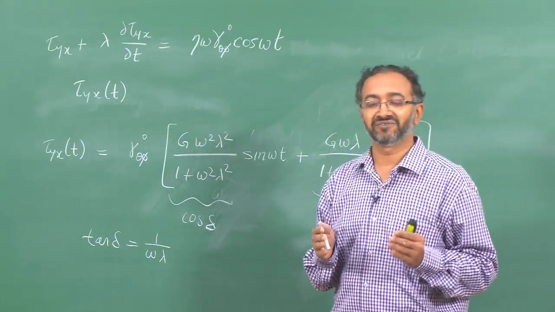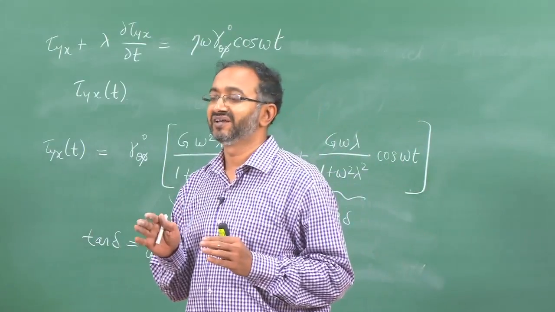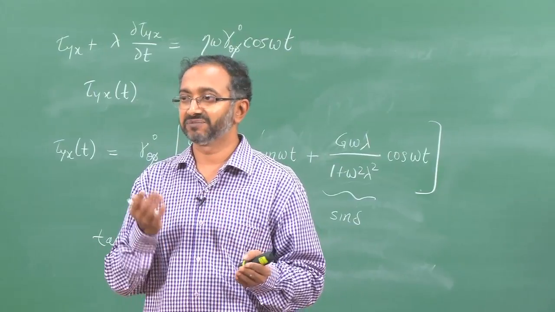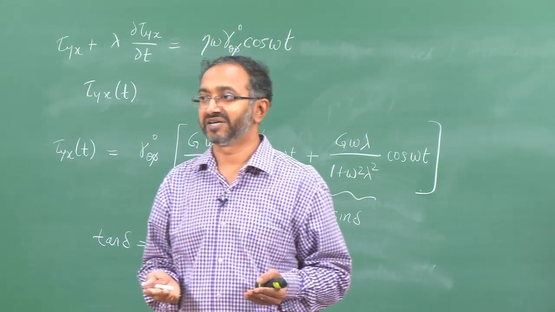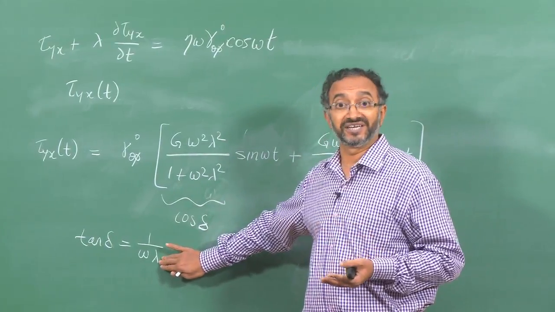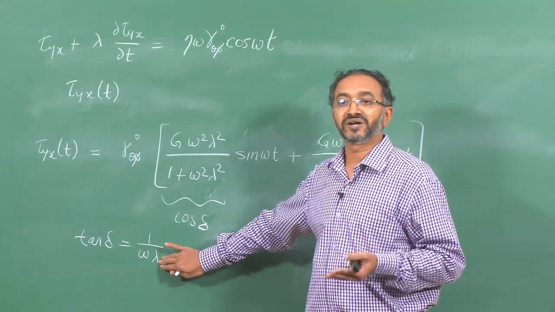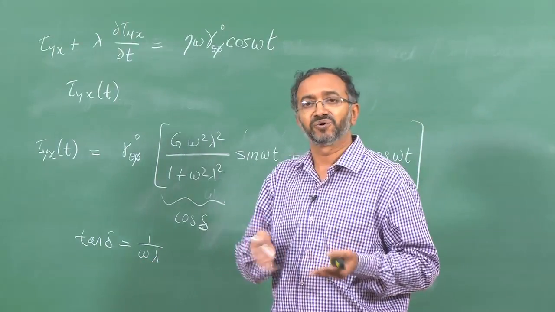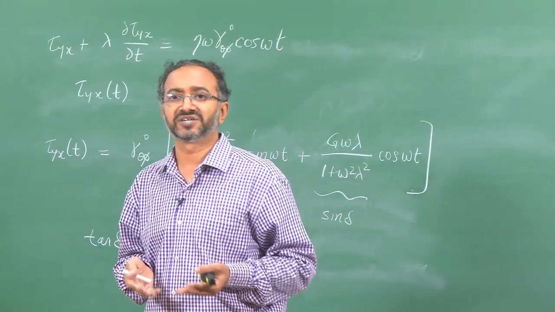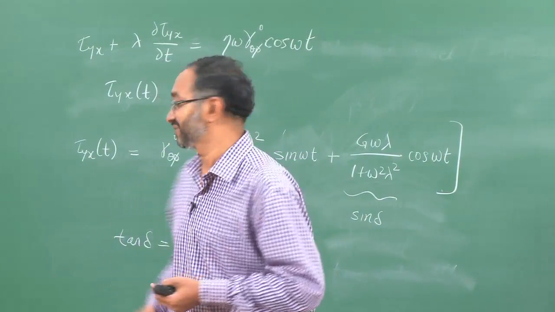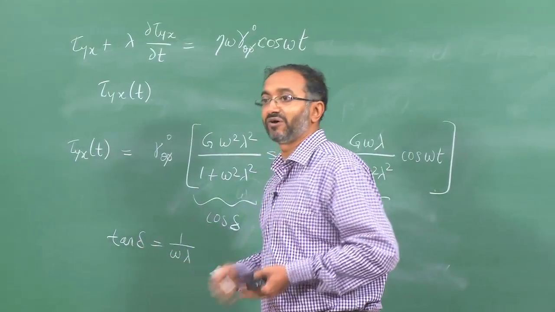This is also another thing we have always been saying, that you cannot look in isolation at only the experimental time scale; it is always a comparison between the experimental time scale and the material time scale. If the relaxation time of the material is already large to begin with, then even at low frequencies I will have to go to very low frequencies to see some viscous response, otherwise I will automatically start seeing elastic response, because lambda is large and tan delta will already tend to 0.